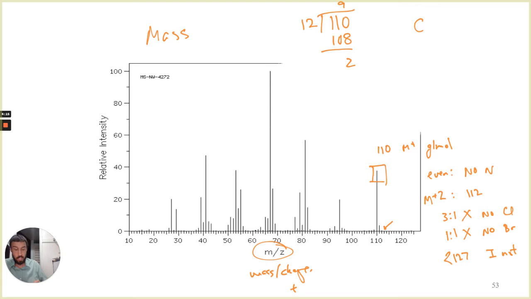This would suggest I could have 9 carbons and 2 hydrogens. That hydrogen count is really, really low. So what I'm going to do is subtract 1 carbon and go with a C8, and then I'm going to have to add that mass of carbon to our hydrogens, and I'm going to get H14.